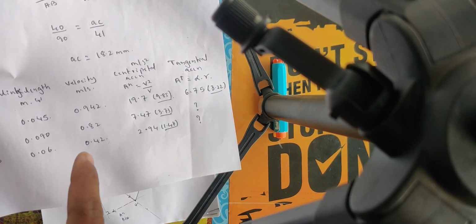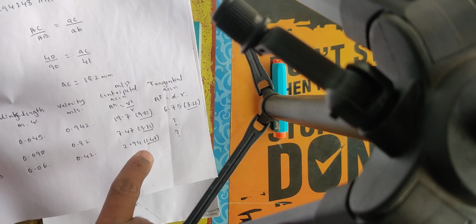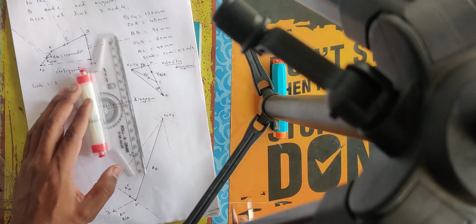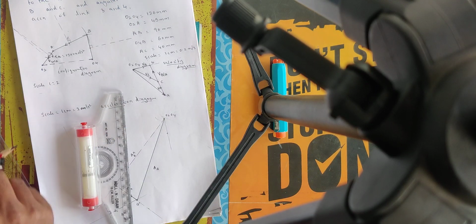What is the normal acceleration we have got for O4B? It is 2.94, which divided by 2 is 1.47. So we have to mark 1.4 centimeter here. From here, we have marked 1.4, so this will be the point.